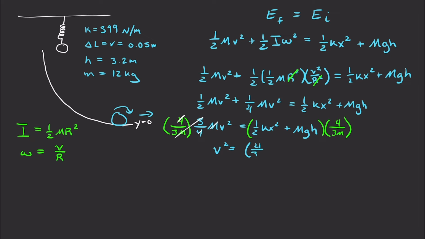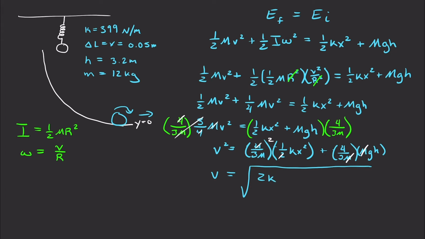equals, I'll just write this in so we can see how everything cancels, 1/2 kx squared plus 4 over 3m mgh. So here, this 4 and this 2 will just go to 2, okay? And then my m's over here will cancel. And then I'm just going to take the square root. So v is the square root.